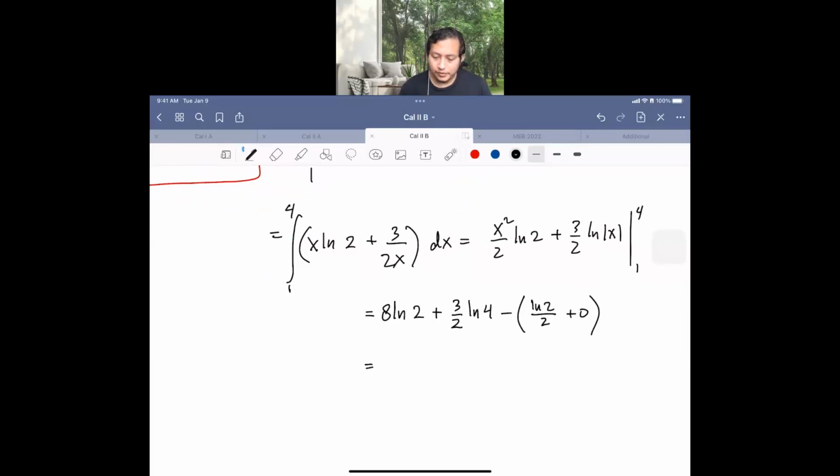So we will have 15 over 2 ln 2 plus 3 over 2 ln 4. Or if you want to simplify this, we can take this into 2 squared.